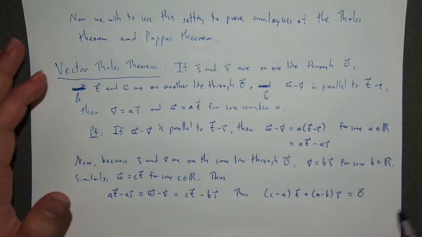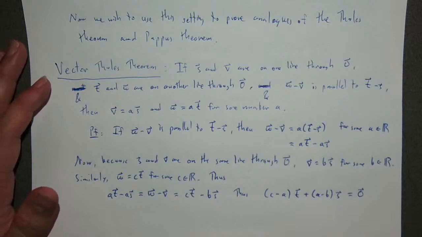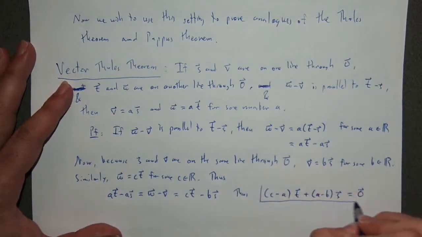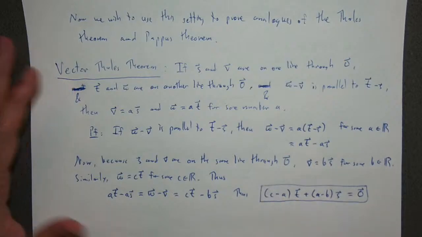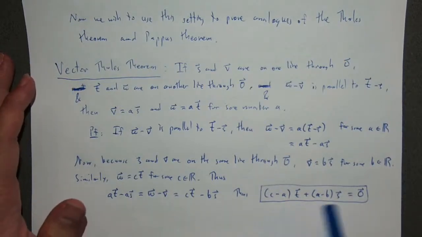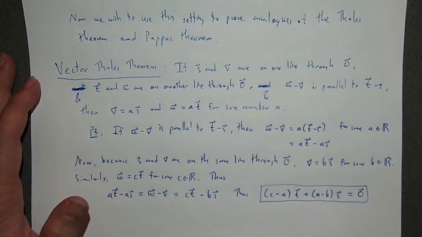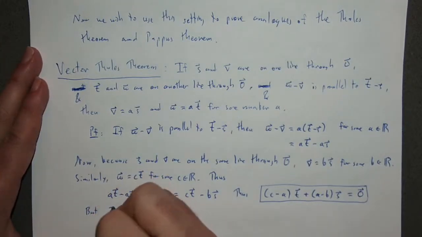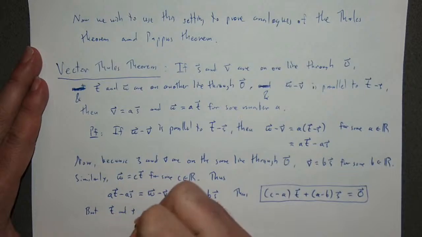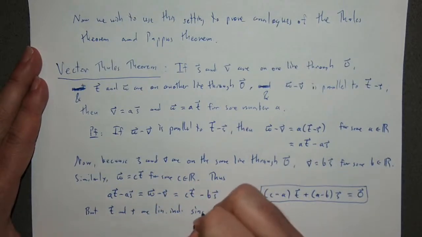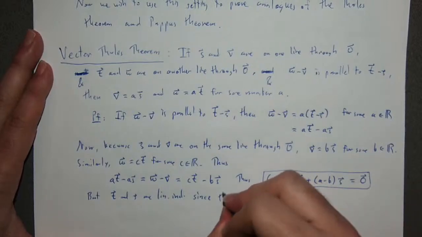Okay, and so what does this mean? Here I have this seeming linear independence relation, or sorry, linear dependence relation between T and S, but T and S are in different directions from 0. T and S are linearly independent since they are in different directions from 0.